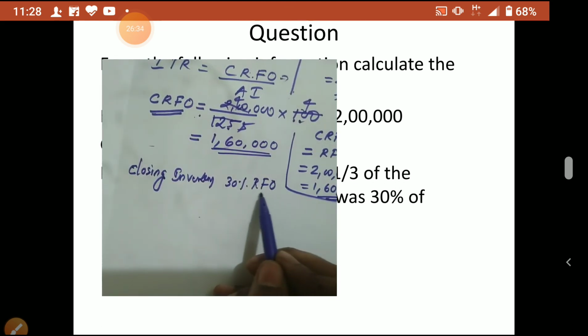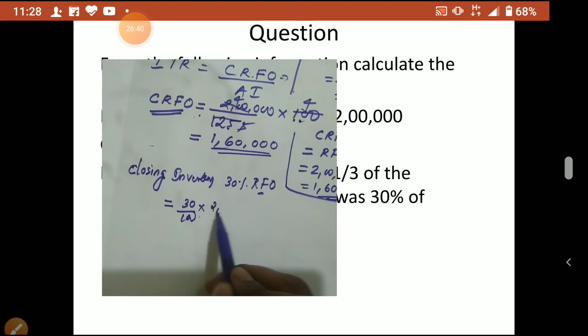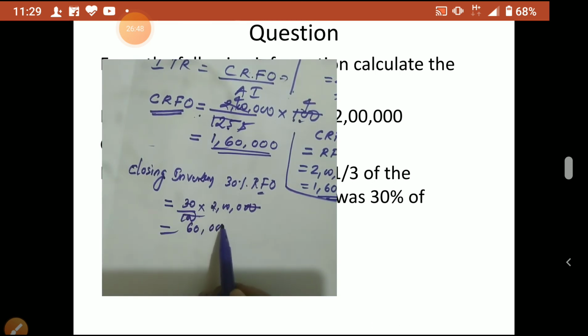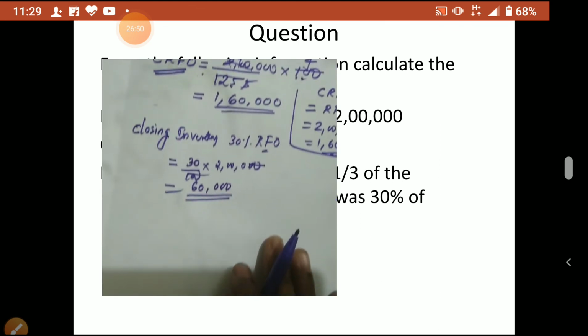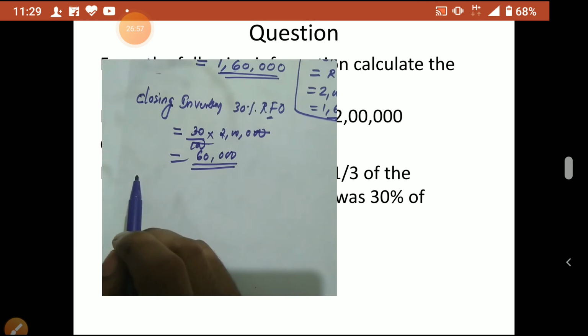Closing inventory is 30 by 100 into RFO, which is 2 lakh in the question. So how much will come? 60,000 is the closing inventory. Now what is the question saying? Opening inventory at the beginning is 1/3 of the inventory at the end.